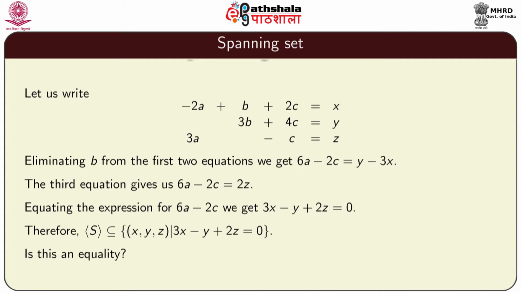If we equate the expressions obtained for 6a - 2c, we get 3x - y + 2z = 0. You know what this is. 3x - y + 2z = 0 represents a plane in R3 passing through the origin (0, 0, 0).